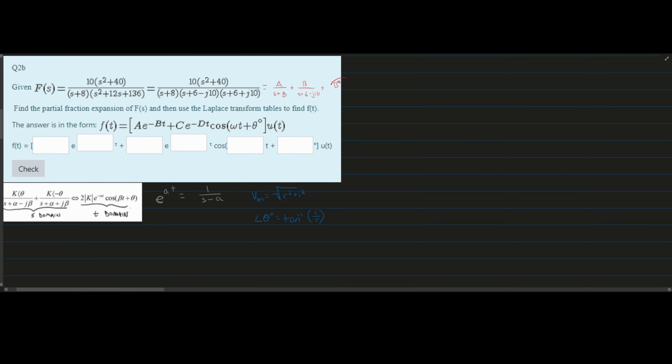So we're going to take the opposite angle that we have here, and that'll make more sense in a second. So this will be over our s plus 6 plus j10. And so this is what we have here.